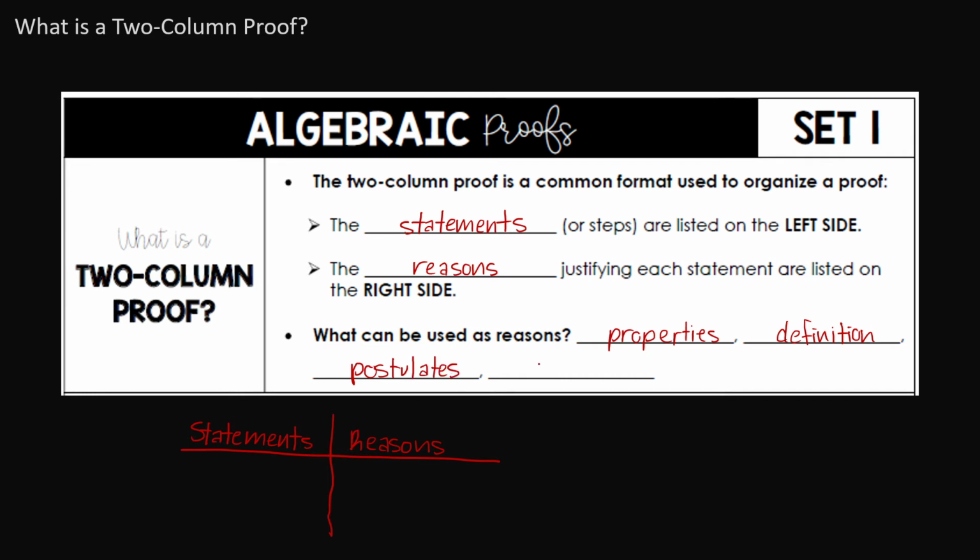Those are statements that do not have to be proven to be true. We just accept them as true. And theorems, like the Pythagorean theorem. Theorems are statements that must be proven to be used. So the Pythagorean theorem, you can look up a proof of that or multiple proofs of the Pythagorean theorem and see logically why it works. And then you can use it in proofs.